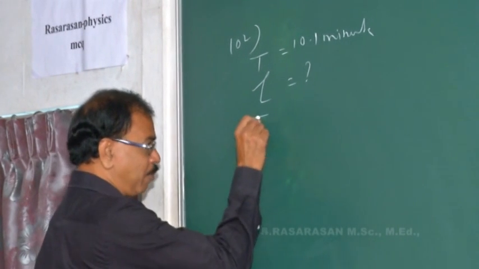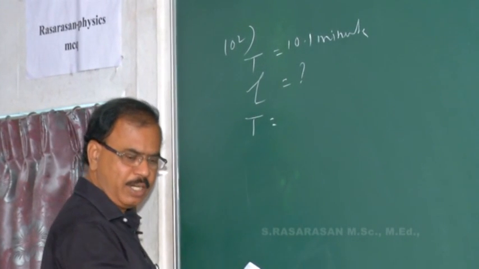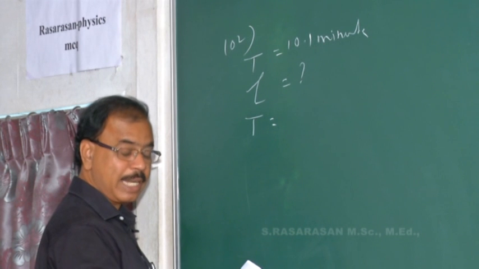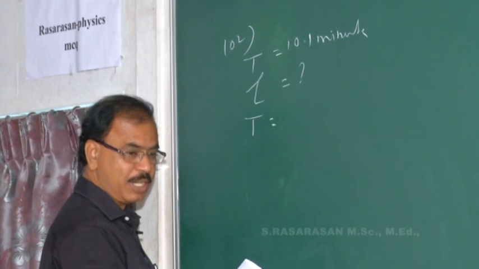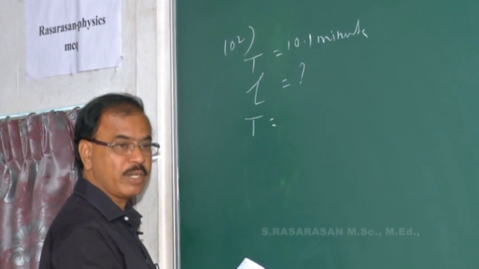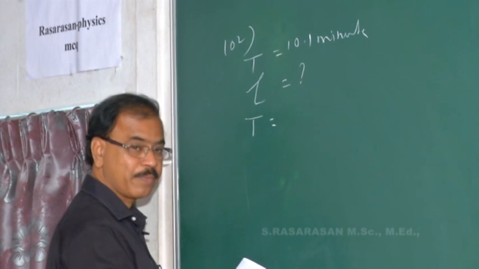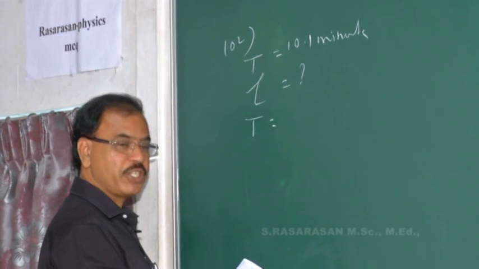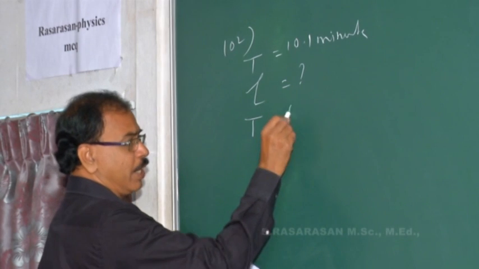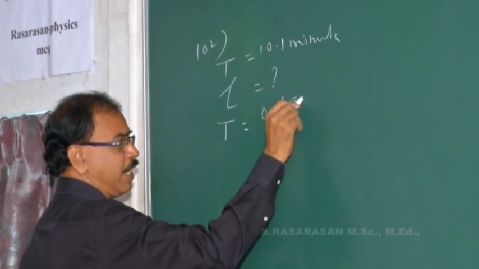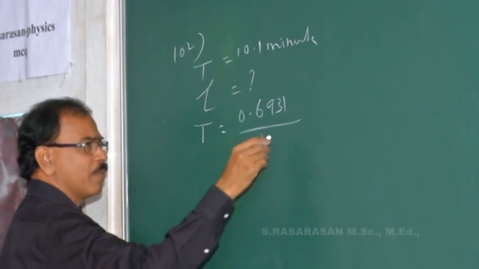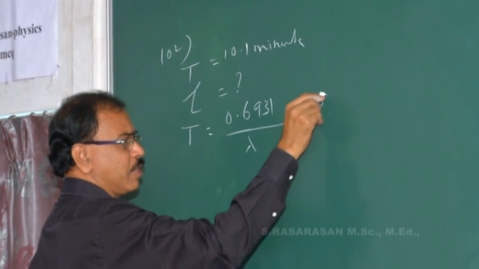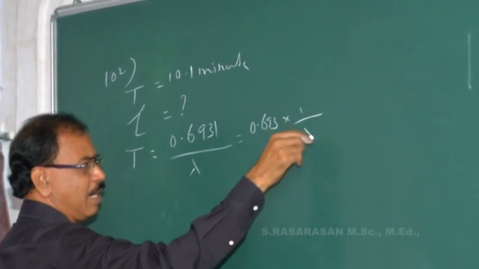So half-life period, we know the expression from this concept, time taken to reduce to half of its initial number. From the basic equation N equals N naught e power minus lambda t, exponential rule, we got T half equals 0.6931 by lambda, or it is 0.6931 into 1 by lambda.